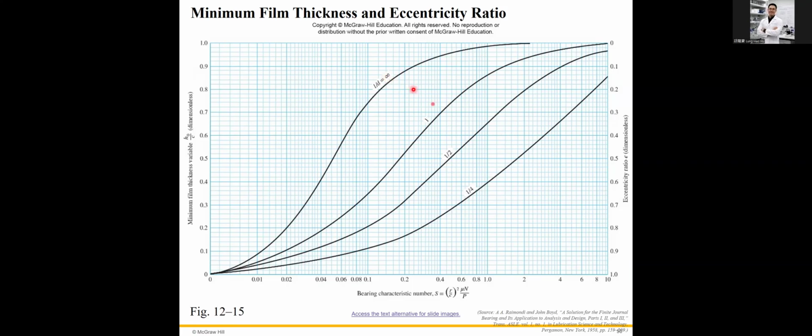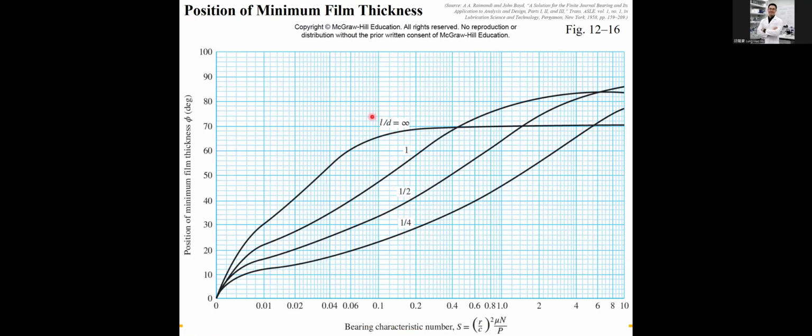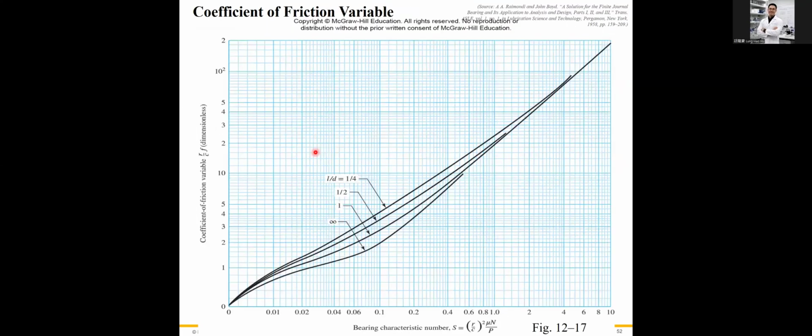In another chart, the x-axis is still the Sommerfeld number and the y-axis is phi, the position of the minimum film thickness. This chart relates the Sommerfeld number to the radial clearance ratio times the friction coefficient.